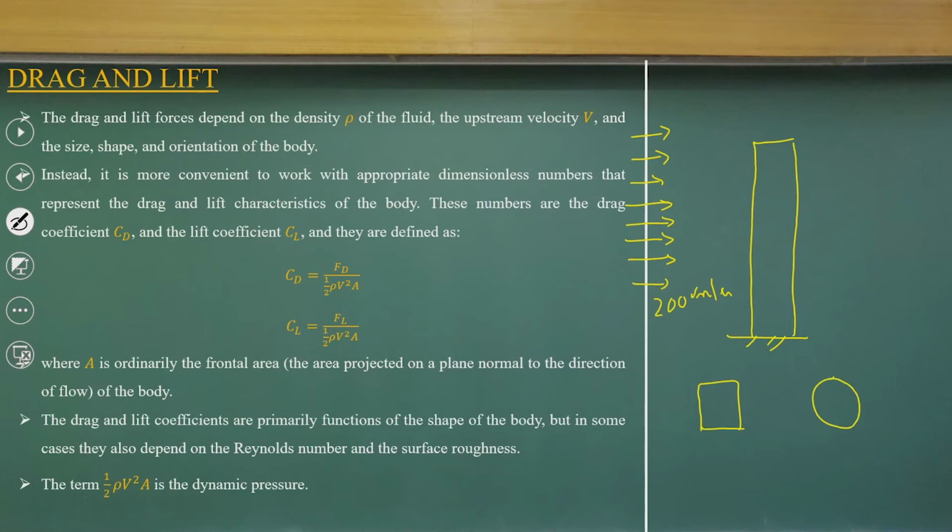The platform of these tall buildings could be more than, let's say, 50 meters high, and you consider the wind speed of 200 kilometer per hour as close to a cyclone. Whether the building footprint or the plan of the building should be square or circular to reduce the drag force. That means basically reduce the CD value.